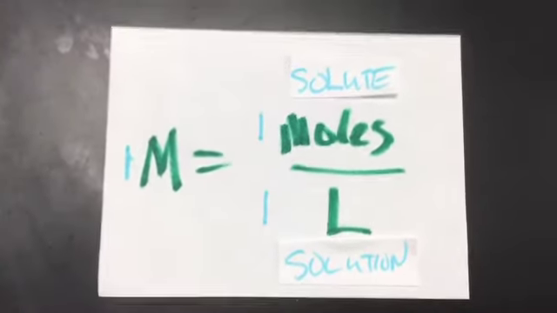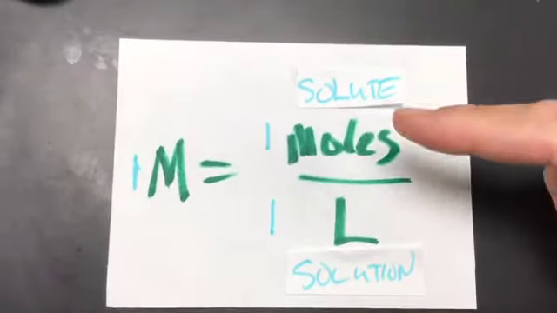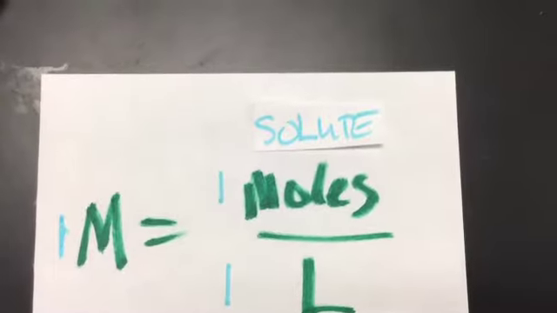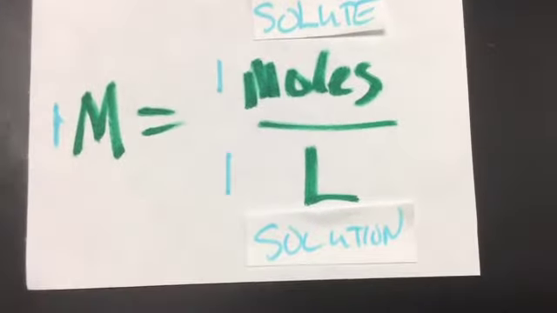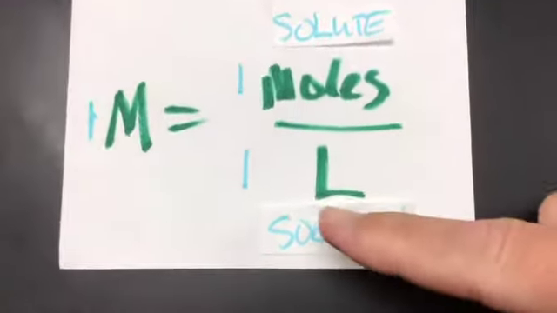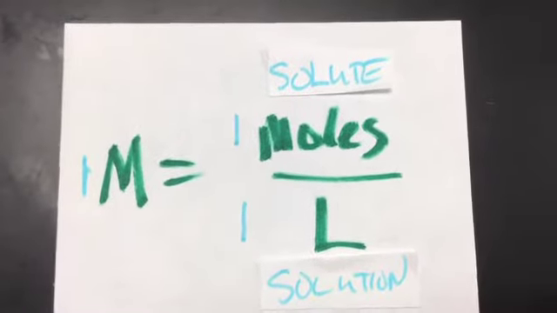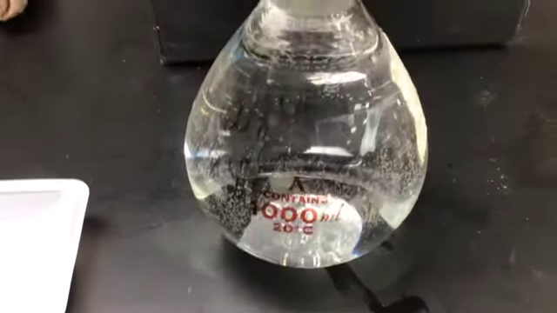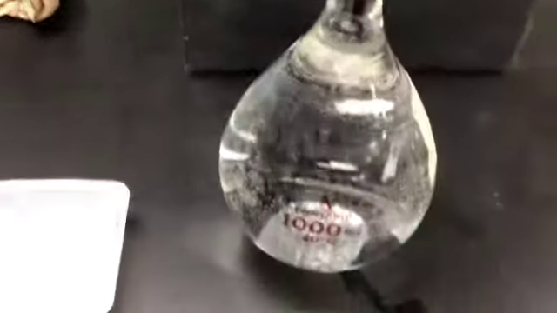Now be careful, because the solute is the solute. That's not an issue. That's this guy here. That's 1 mole, and I need 1 mole of it. But you'll notice that this says 1 liter of solution, not solvent. What do I have here? I have 1 liter of solvent. Well, does it really make that big of a difference? Actually, it does. Why?